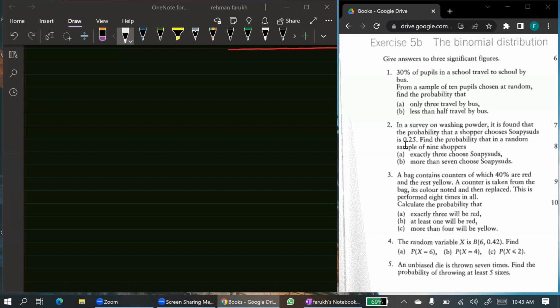30% of pupils in a school travel to school by bus. Now, the variable is pupils, students. Students is a discrete variable.